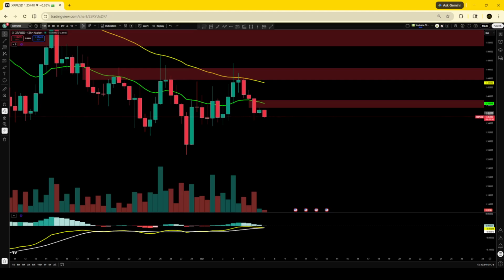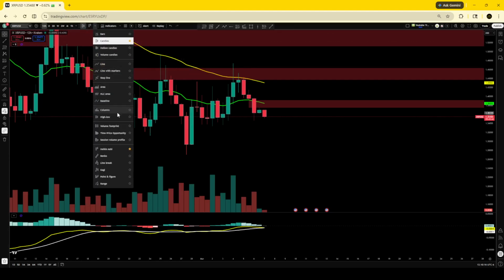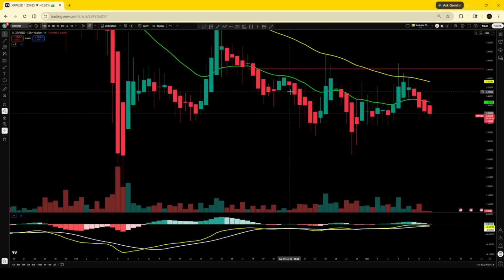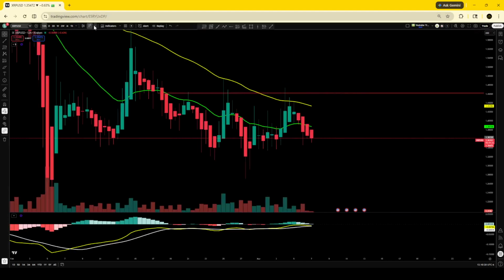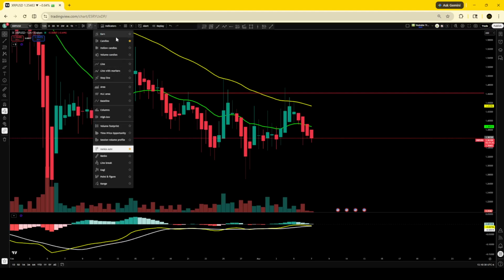So, what is a candlestick? Most modern charts use something called candlesticks. I say that because you have all of these things you can change the chart into, like this one. It's all the same thing, but it tells the story in a different way.